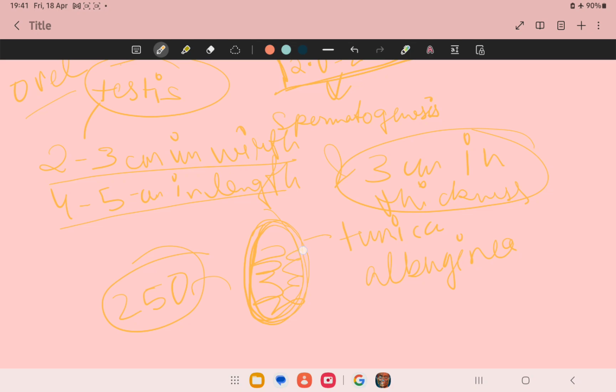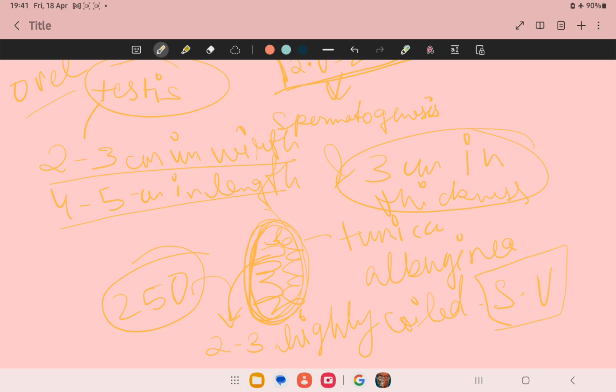Okay, testes have 250 compartments and in each compartment we have 2 to 3 highly coiled seminal vesicle. Okay, I'm writing it in short.